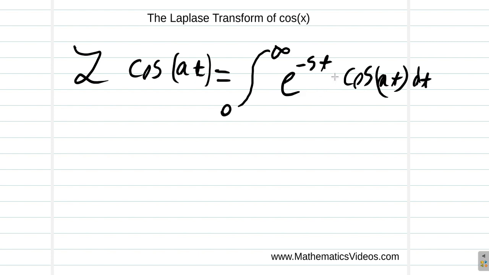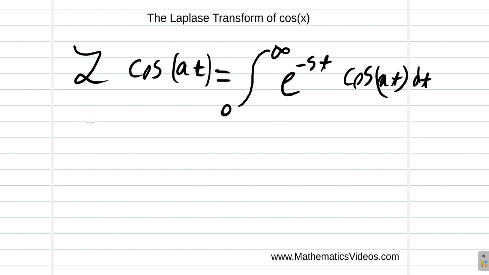Now, what we have is an integral of the product of two functions of t. There's e to the negative st, and then there's cos AT. So what we'll do is use integration by parts.